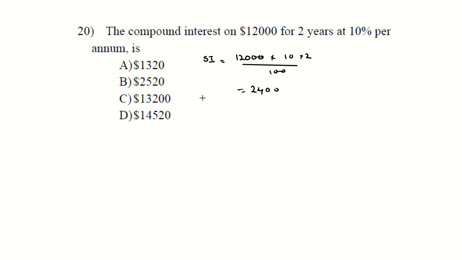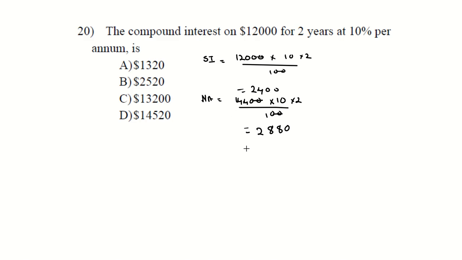So the new amount will be 12,000 plus 2,400, which is 14,400 multiplied by 10 multiplied by 2 all over 100. So it would be 144 multiplied by 2 multiplied by 10, which equals 2880.